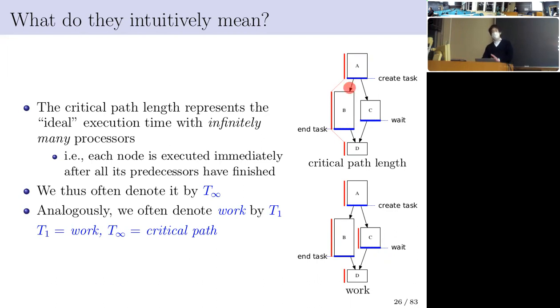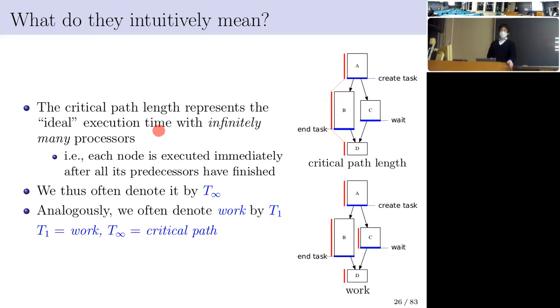No matter how many execution resources, or processors to be more specific, you have, you cannot execute the entire graph in less than the execution time of A plus B plus D, because of the dependency.